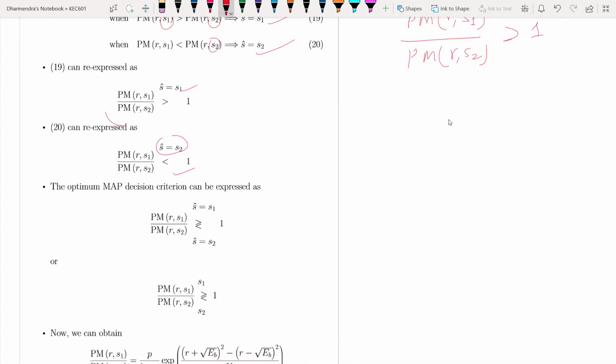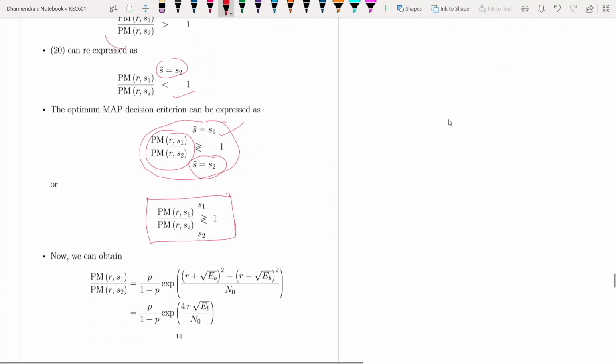Both can be expressed in this form: if this ratio is greater than 1, the decision will be S1, and if this ratio is less than 1, the decision will be S2. This is a standard way of writing the optimum MAP decision.